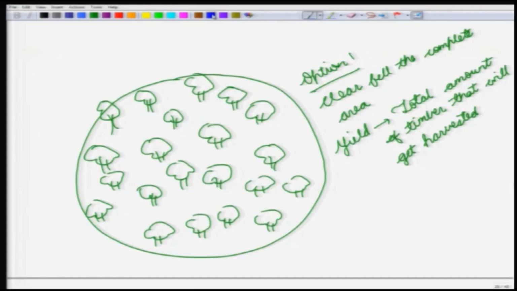What is the total value of timber or what is the total volume of timber that we can extract from this forest. But in a number of situations, we do not want to go with this clear felling. So, we can look at option 2. Now, in option 2, the owner of this forest might say that I do not want all this timber right away, but then I have my own needs.